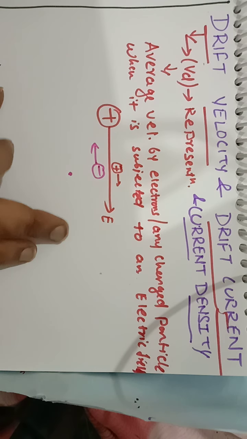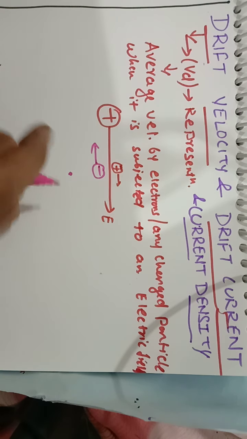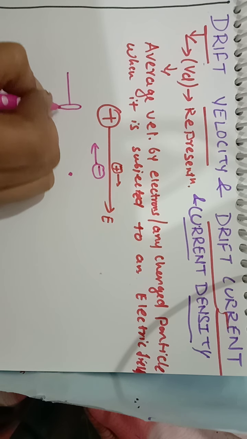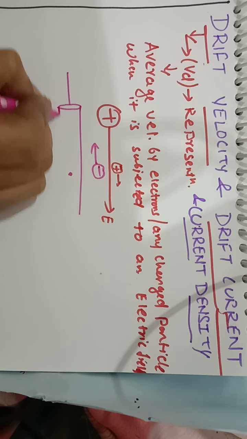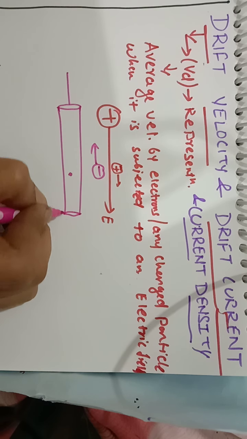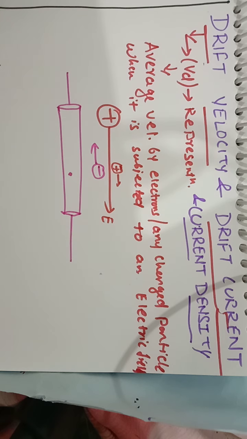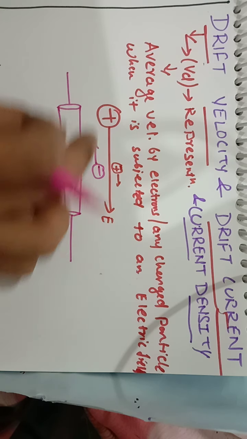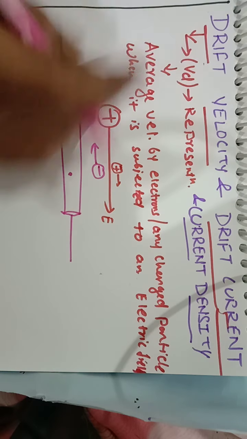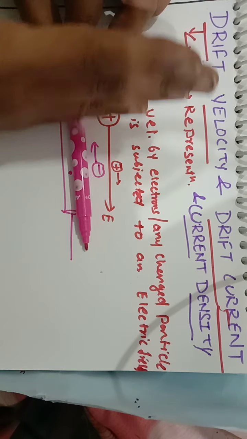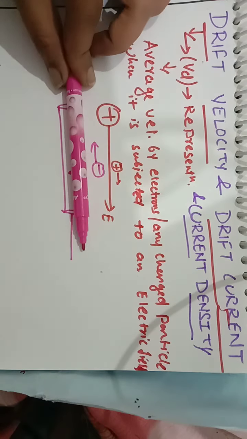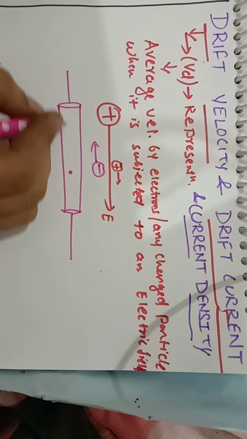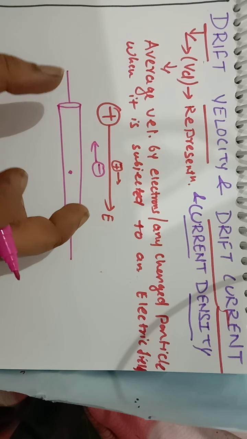Now when we calculate current, we are actually dealing with a conductor. Nothing to be surprised about. Every wire is a conductor, and every wire is a cylindrical length of circular cross section. If we cut any wire into two parts, it will have two cross sectional areas of circular shape, so it is basically a cylindrical shape.